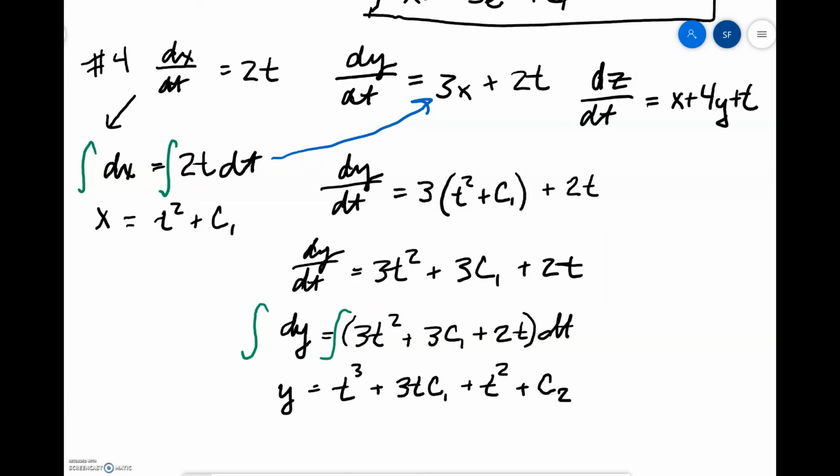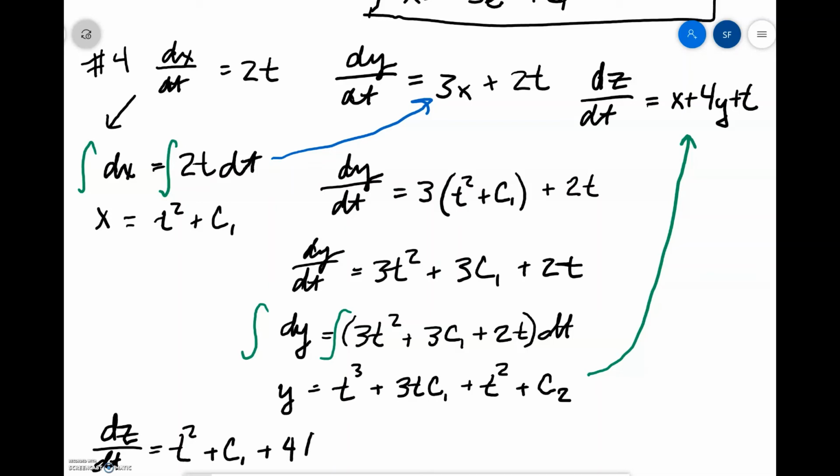And we're going to take both of these and plug them into our dz/dt. So now our dz/dt, I'll write it down here and then move it over, is x, which we said was t squared plus c1, plus 4y, plus an additional t.